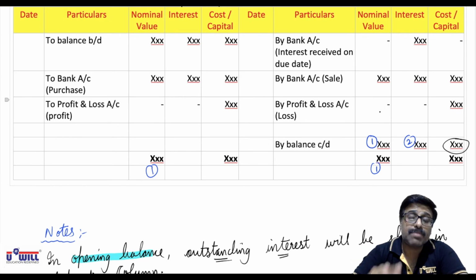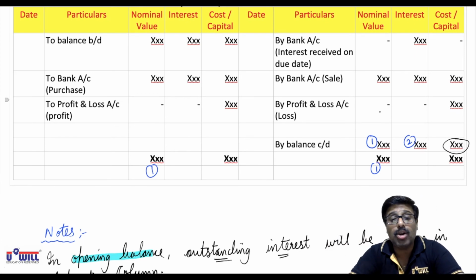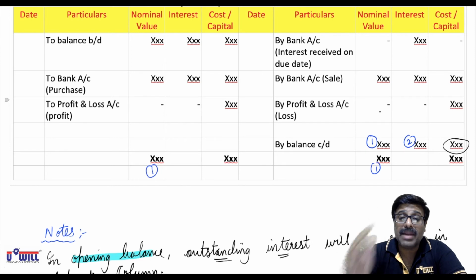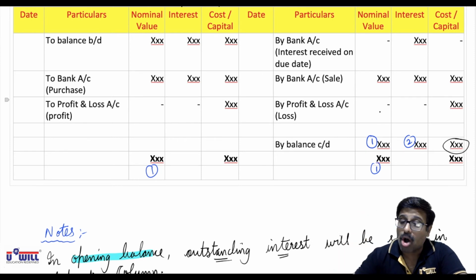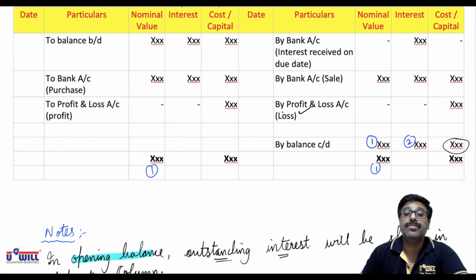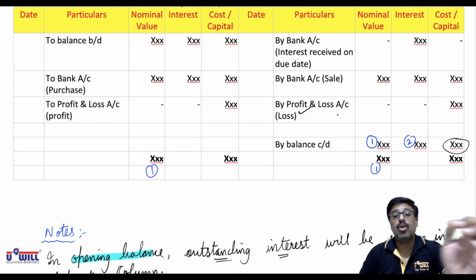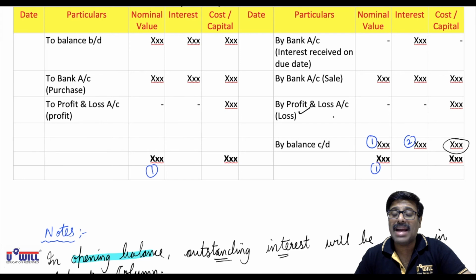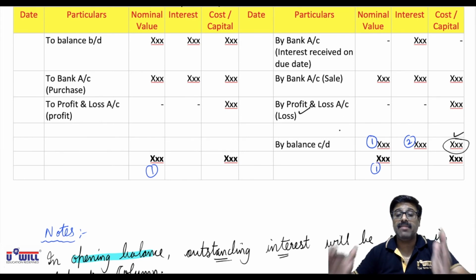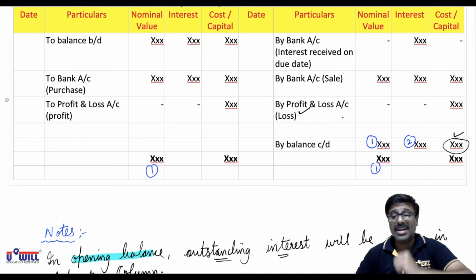Now if cost price is less, no problem, directly record that. But if market price is less, then that loss will also come on the credit side, like we have shown by P&L account. I repeat, if cost price is less, then the balancing figure is already representing the cost only, so not a problem, the investment account gets squared up.